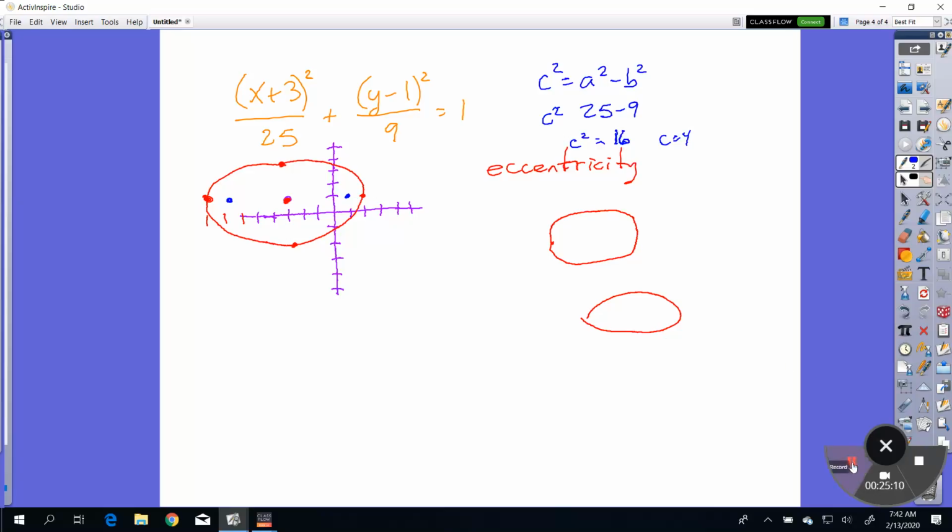So now you need some problems to practice drawing these on. Like I said, that was the whole chapter. Like that's all of chapter 7.